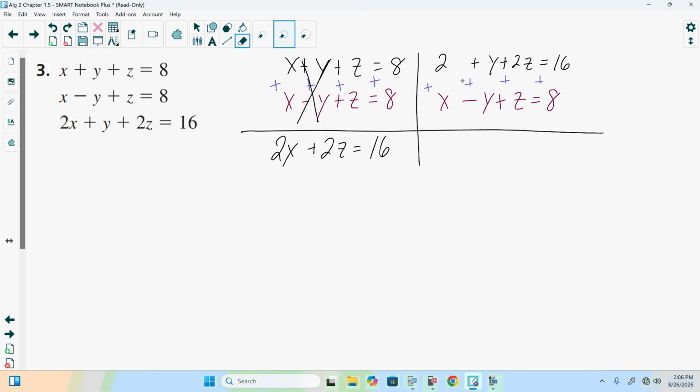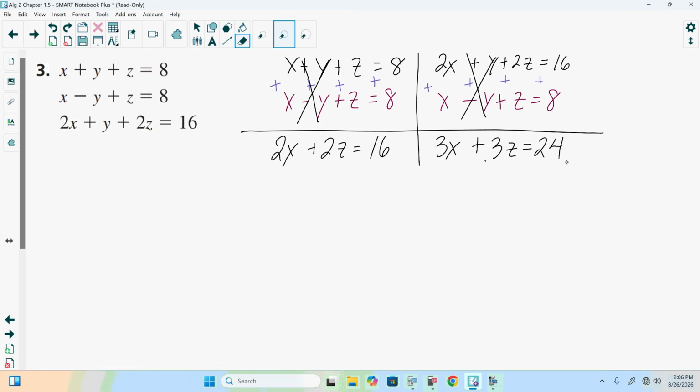Try this again. 2x plus x is 3x. Y plus negative y is 0. 2z plus z is 3z. 8 plus 16 is 24. So we still get two equations this time, yes?